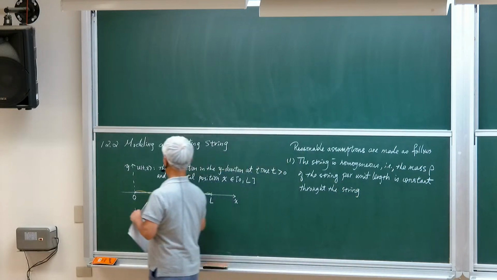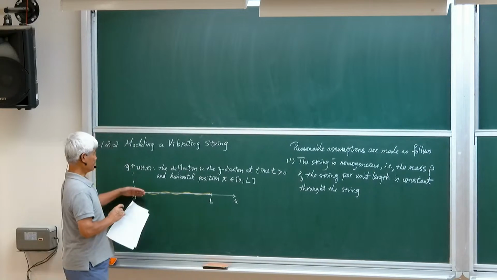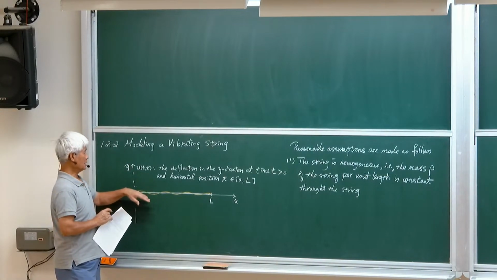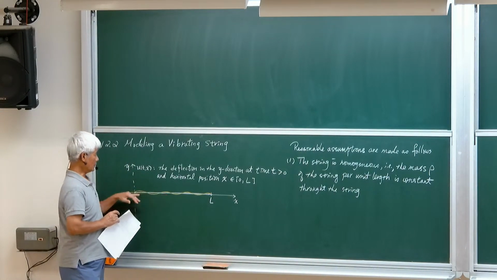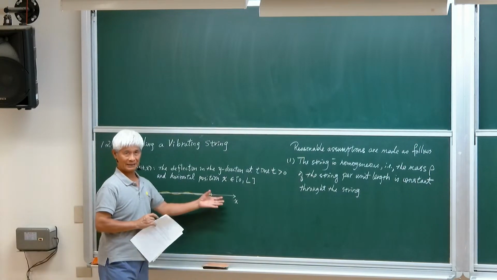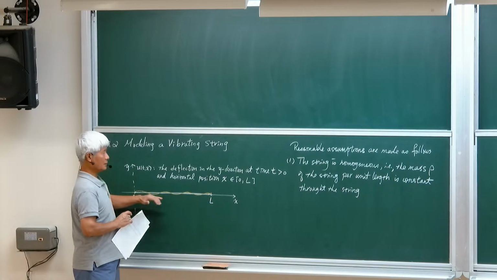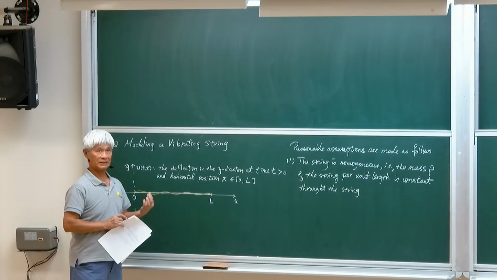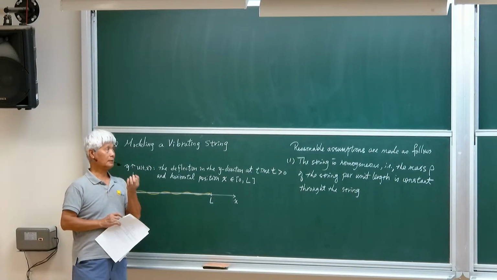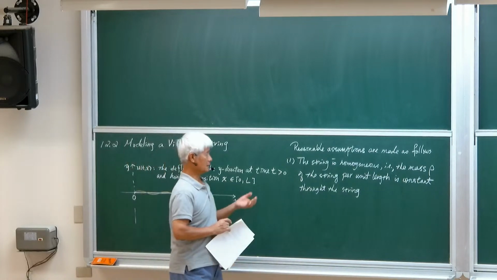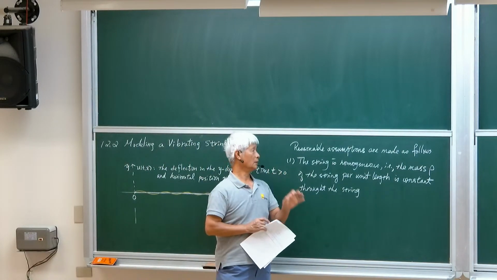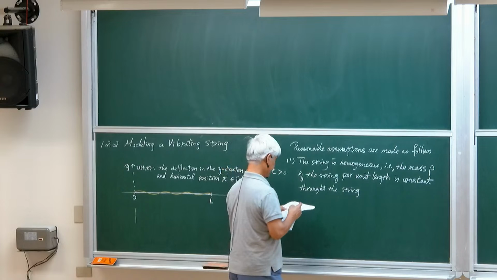Before we deflect the string, when it sits on the x-axis, we see the string is homogeneous. It means that the mass of the string per unit length is constant.